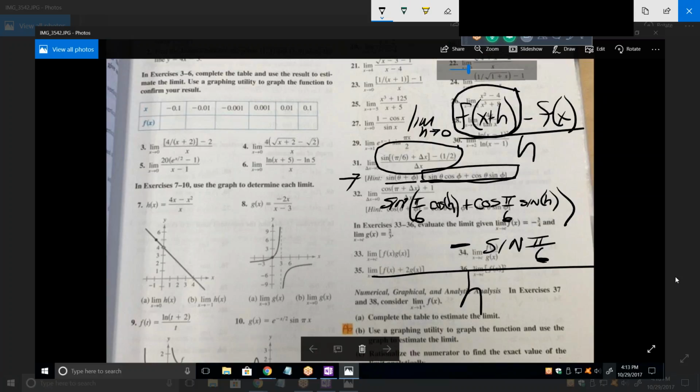Pi over 6 is 30 degrees, but what's the sine of 30 degrees? 1/2. So it is 1/2 times the cosine of h. As h goes to 0, what's cosine of 0? Cosine of 0 would be 0.